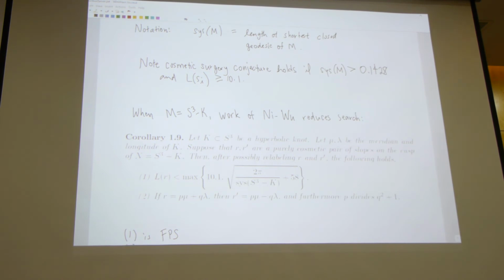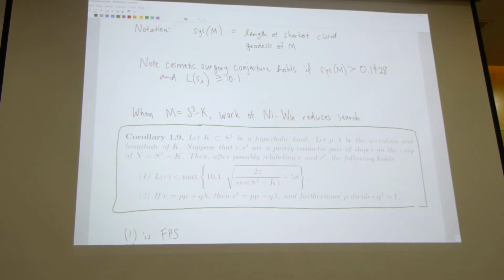So this is a corollary from our paper, but it just says that if you've got a hyperbolic knot with meridian and longitude mu and lambda, and a purely cosmetic pair of slopes R and R prime, in other words, a knot that does not satisfy the cosmetic surgery conjecture, then you know that these two things have to hold.